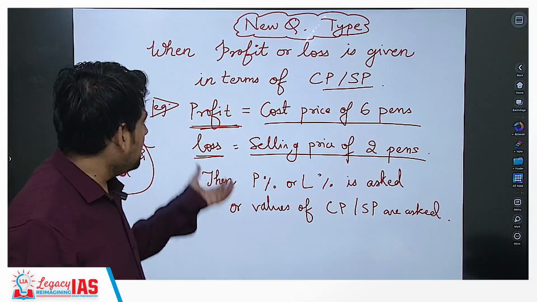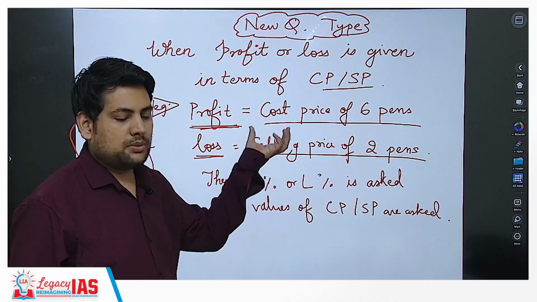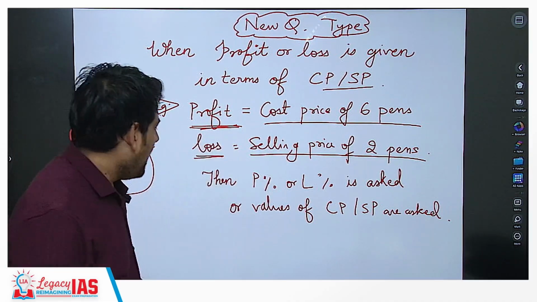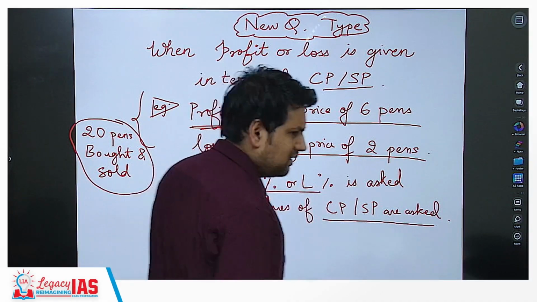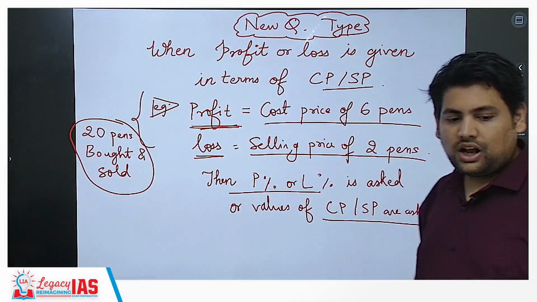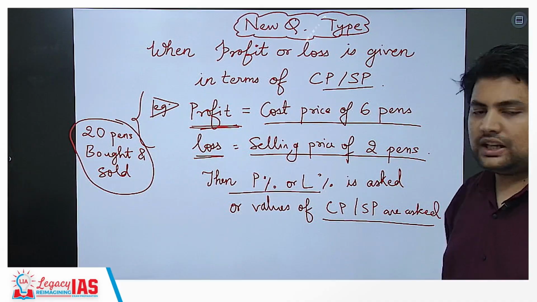That means randomly profit and loss are being given in terms of cost price and selling price. After that they will ask you what is the profit percent, loss percent or the values of cost price and selling price. We will see how you solve questions like these. Okay, let's get started.